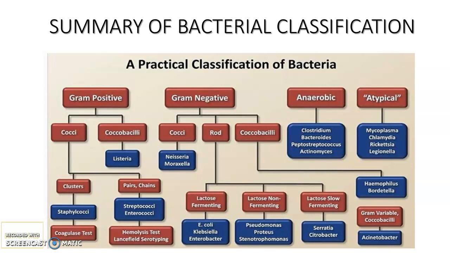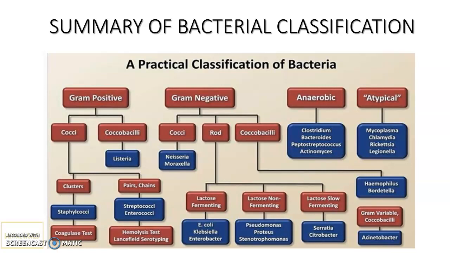Not all pathogenic streptococci can be identified by Lancefield typing. Example, Streptococcus pneumoniae. The bacteria Streptococcus pneumoniae cannot be classified according to their Lancefield serotyping. In my next slide, I will discuss about the hemolysis test.